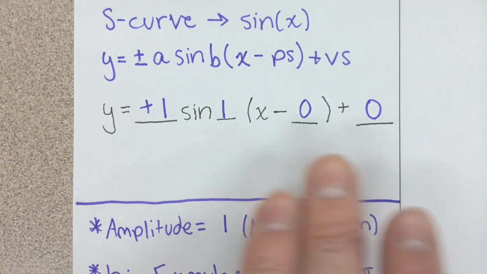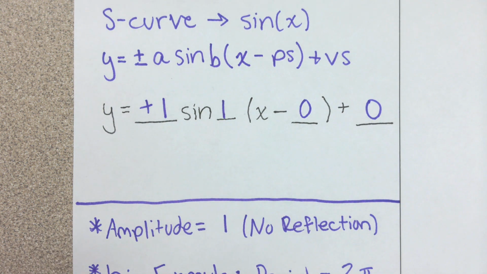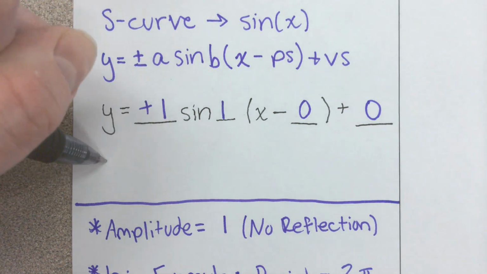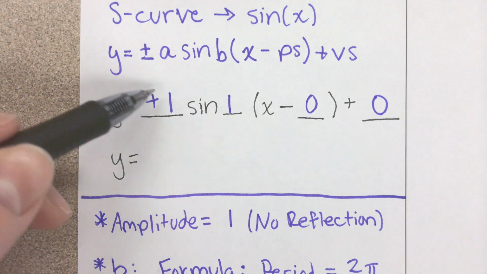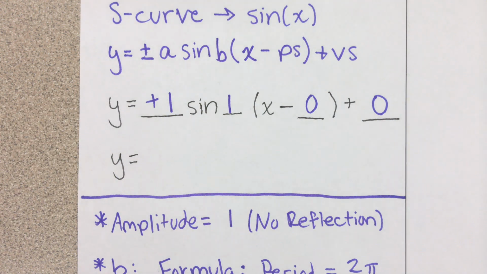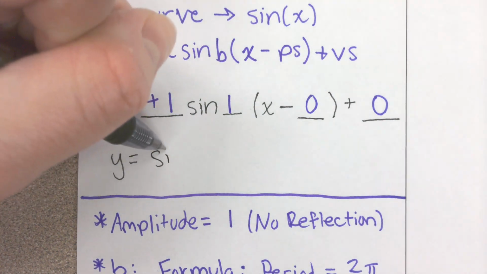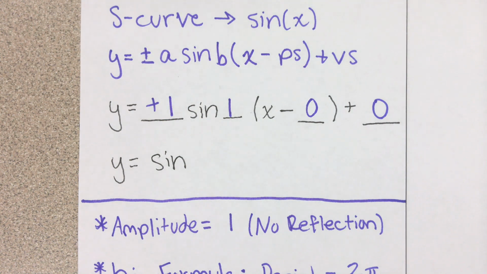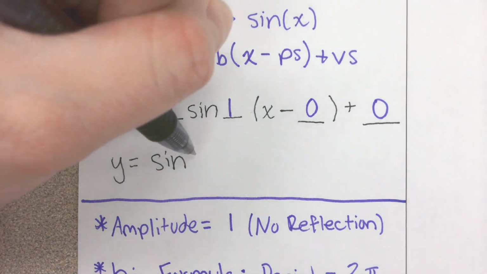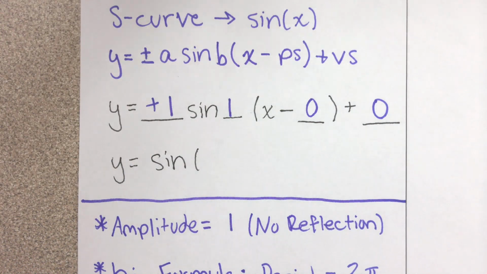This is an okay answer to have. There's nothing wrong with it. It's just we've got a lot of extra stuff in there that we can drop. So I'm going to write a better version of the equation. We don't need a 1 out in front, so I'm just going to start with sine. B is 1, so we don't have to write it. And then clearly we can drop the zeros.